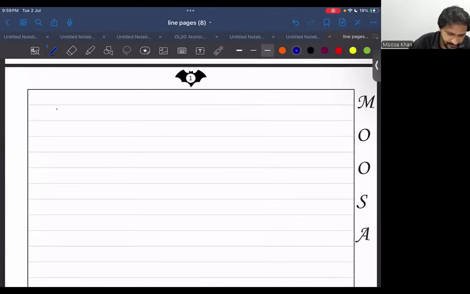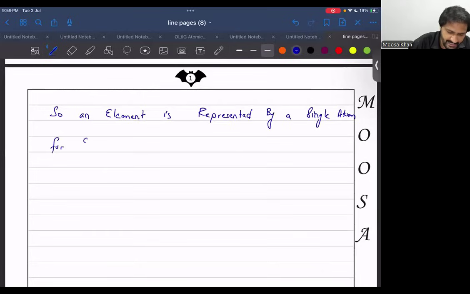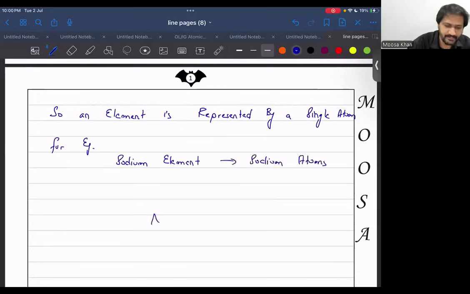So an element is represented by a single atom. For example, the sodium element is made up of many sodium atoms, with the symbol Na, and we have two numbers written with the symbol of sodium.